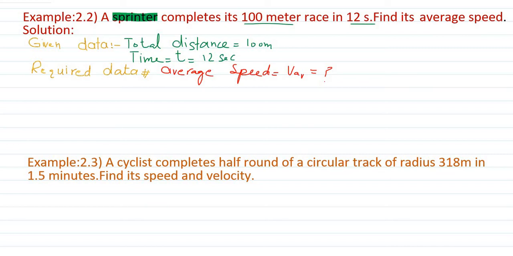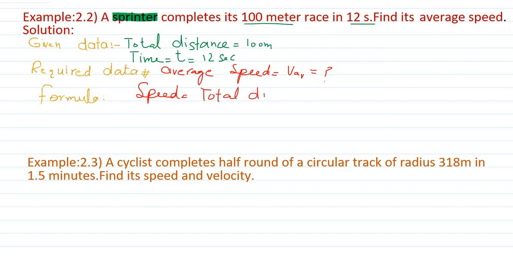Okay, so now we have to write the formula. So I write here the formula that involves average speed and distance and time. When we covered the topic of speed, we learned its formula. The formula of speed is total distance covered in a unit time.